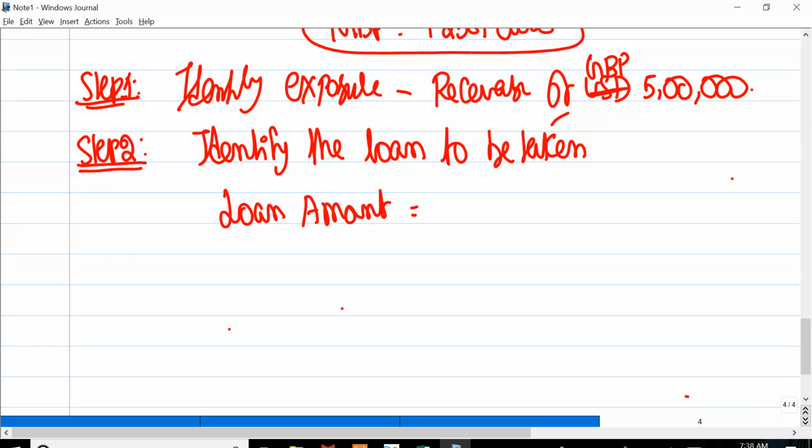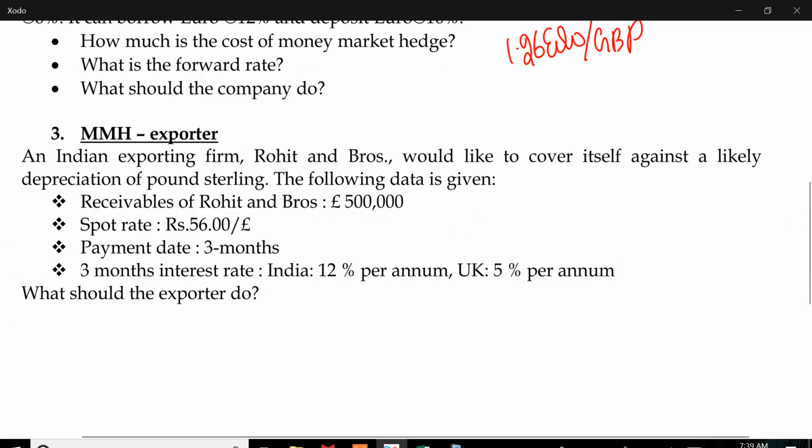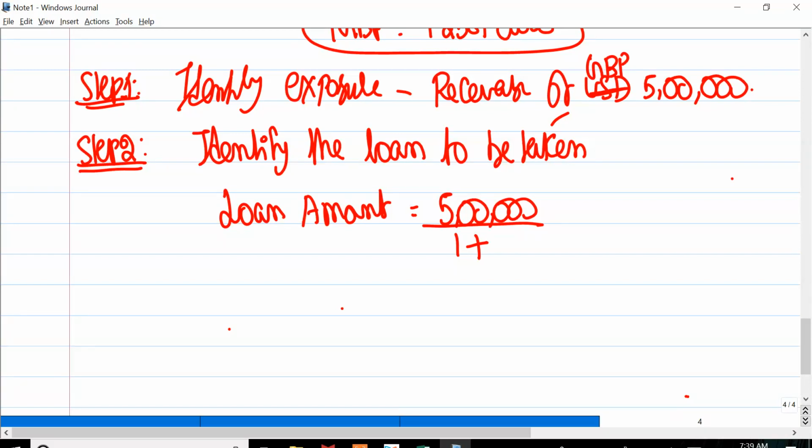Step 2, identify the loan to be taken. Loan amount. I have a receivable. Against that, I'm going to take a loan now. Loan is 5 lakhs divided by, what are the interest rates in UK? 5%. So 1 plus 1.25 percentage.